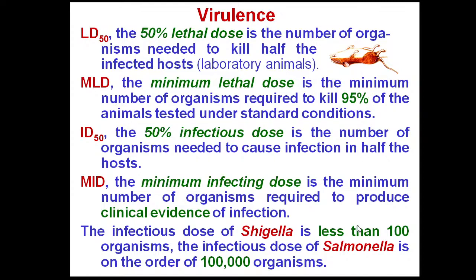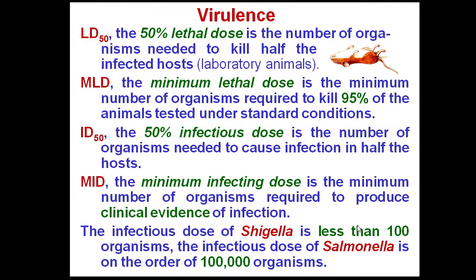For example, we may find a dose of, say, 100 Vibrio cholerae organisms. It means that if these 100 microbes are injected into 10 animals, it will cause disease or death in half of those animals, in 50%. Then it is called LD50.